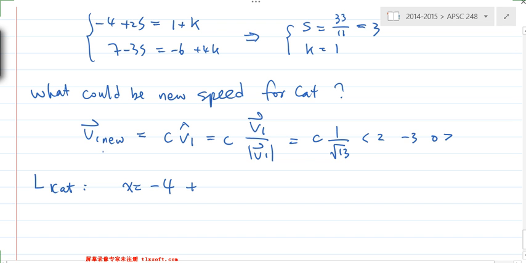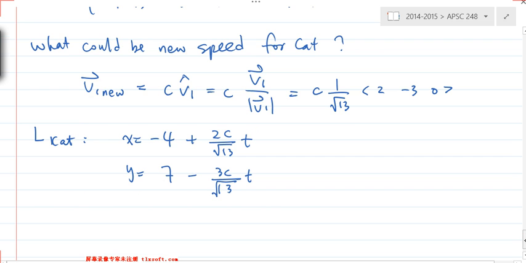And that's going to be x equals 2C over root 13 times t, and y is 7, same as before, 3C over root 13 times t. So this is not a new line, actually the same line, but just a different parametric equation.